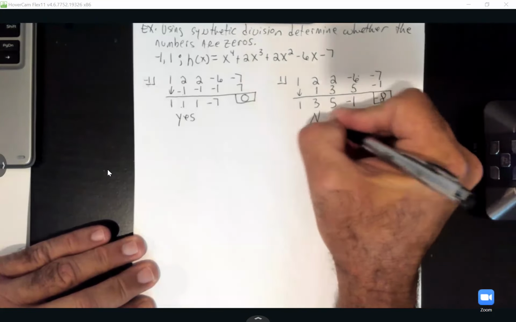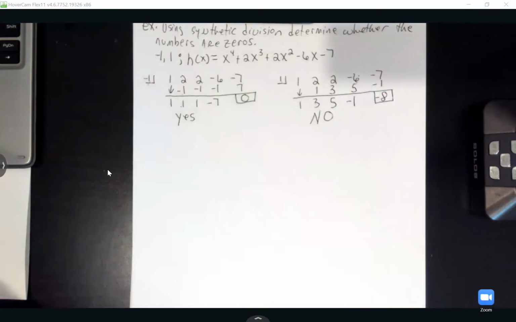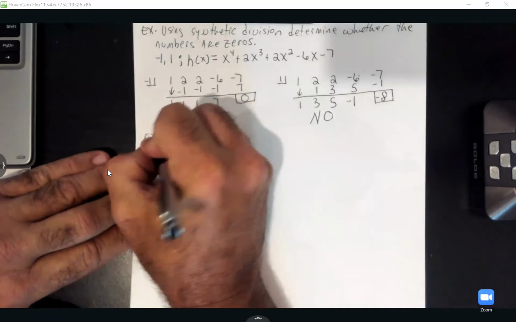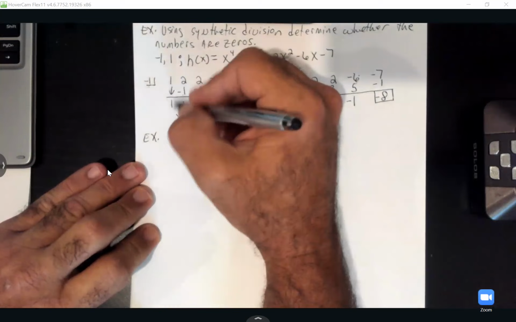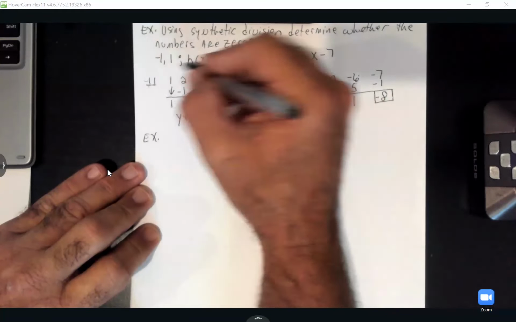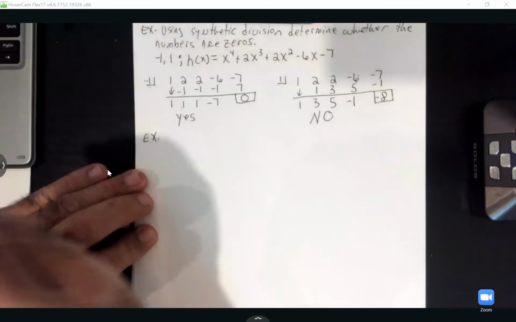So this one would definitely be a no. Y'all said synthetic division ain't too bad. Just get used to that little pattern, bring them down, multiply, add, multiply, add. Just repeat that all the way until you're done, okay?